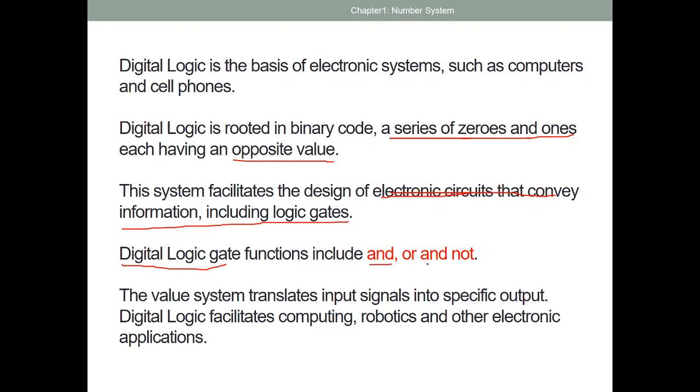What are the gates present? AND gate, OR gate, NOT gate. So digital logic gate functions include AND, OR, and NOT. The system translates the input signal into a specific output.